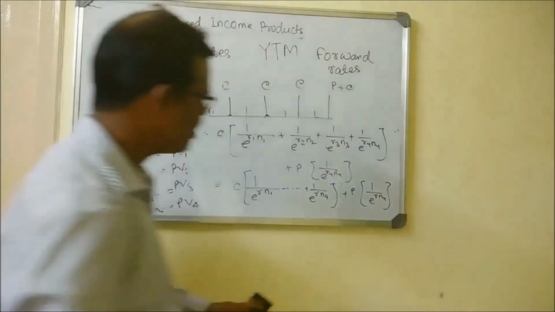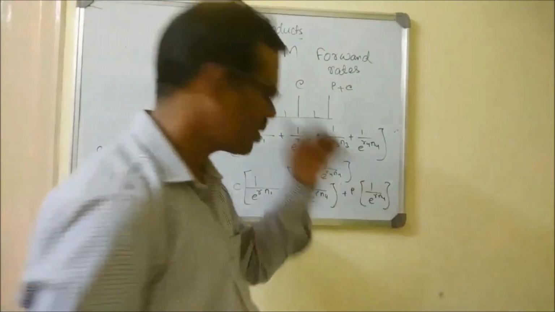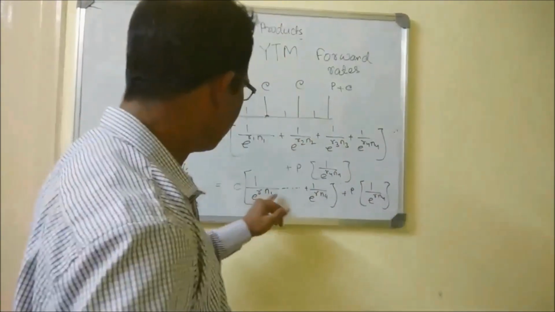So a hypothetical interest rate I have taken, uniform interest rate, and I have taken N.